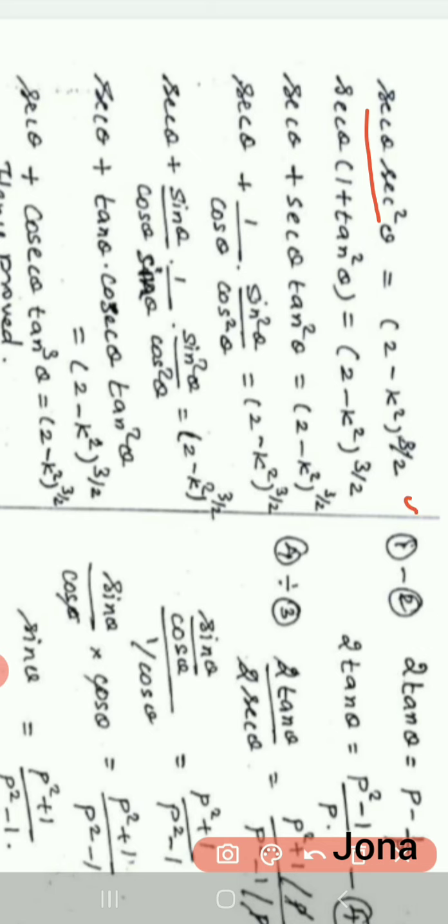Okay, the secant square can be written as 1 plus tan square and keep the other things as it is. And then we want to remove the bracket here, so just multiply secant theta into 1 is secant theta, into tan square is secant theta into tan square theta, equal to the right hand side. Here in this secant theta I can write 1 by cos theta, and tan square theta can be written as sin square theta by cos square theta.